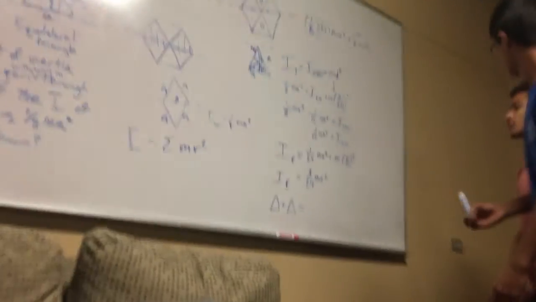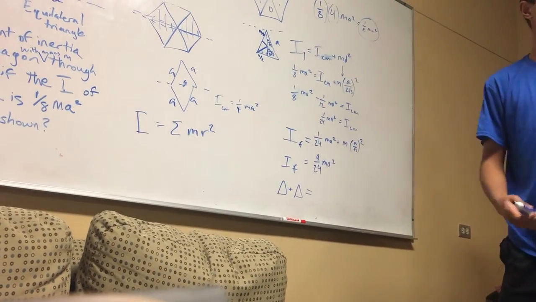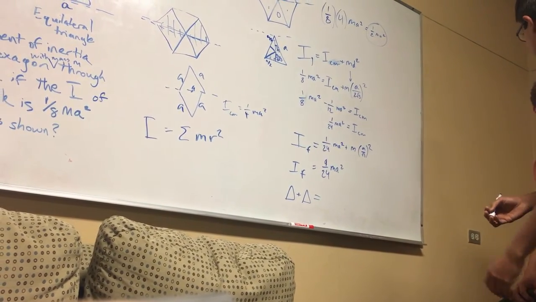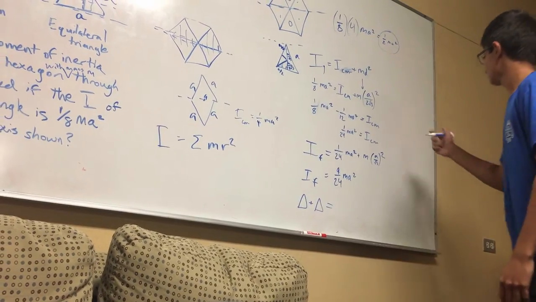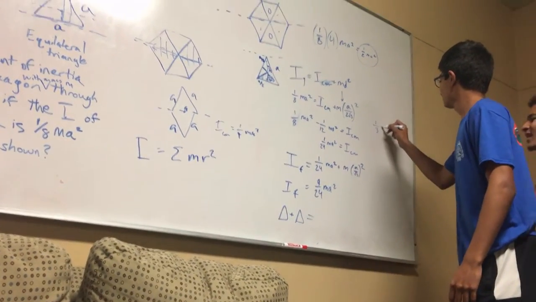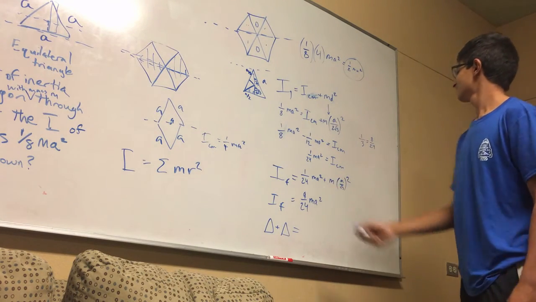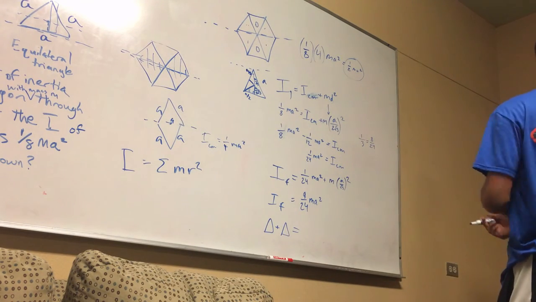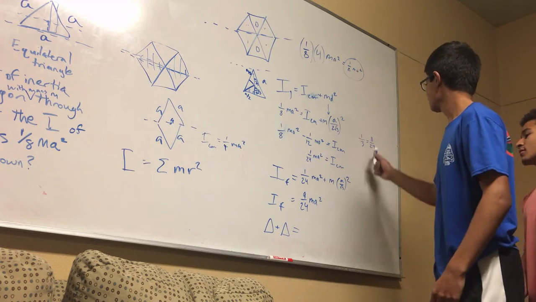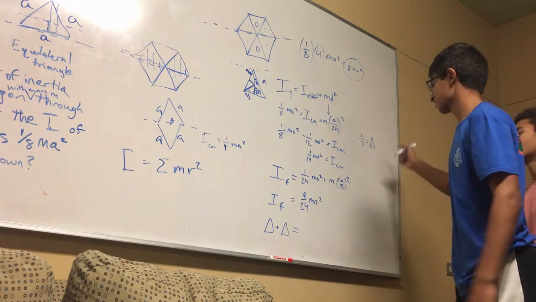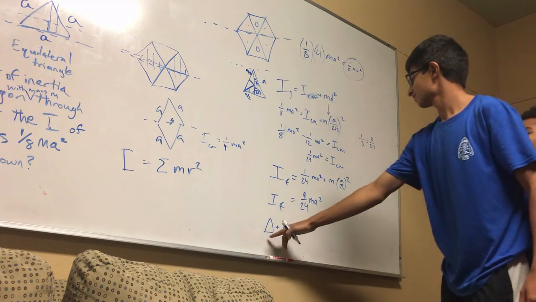Where did you get an 8 from? Common denominator. Yeah, right. So 8 over 24 plus 1 over 24 is 9 over 24.